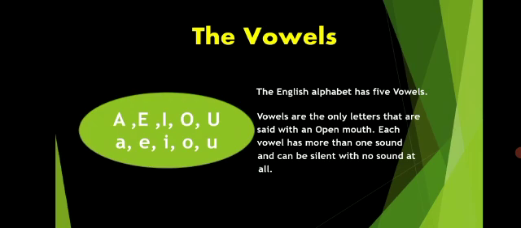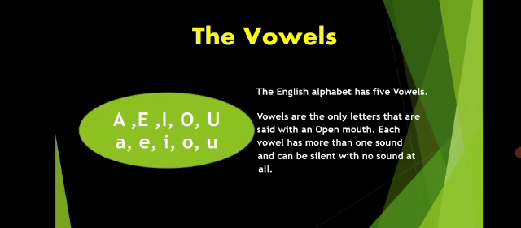Children, a vowel is a speech sound in which the mouth is open and the tongue is not touching the top of the mouth. While speaking A, the mouth will be open.